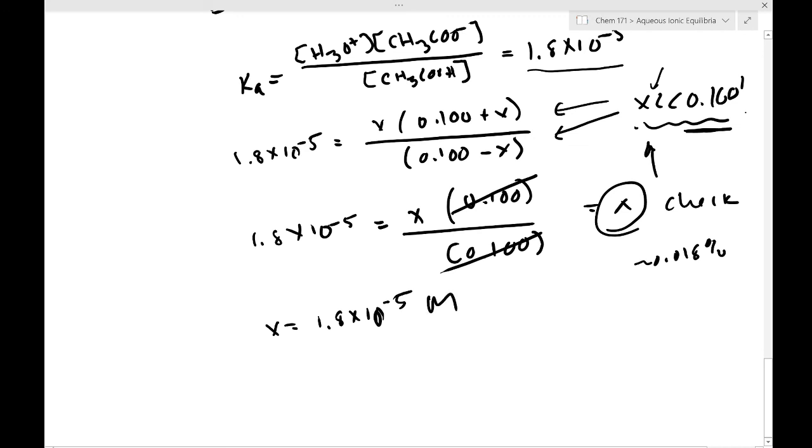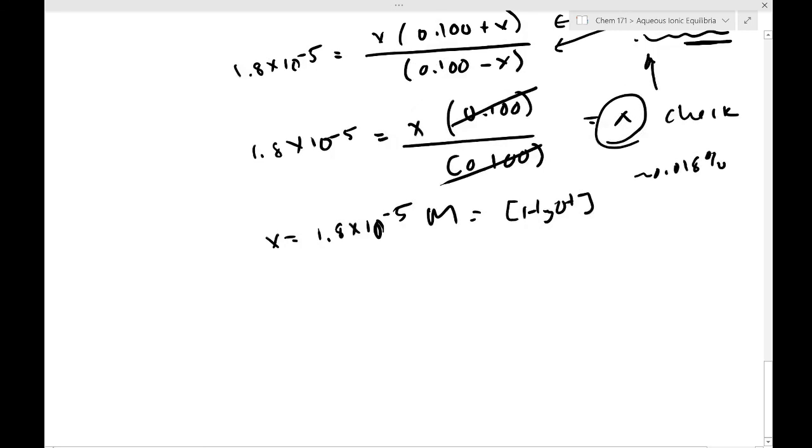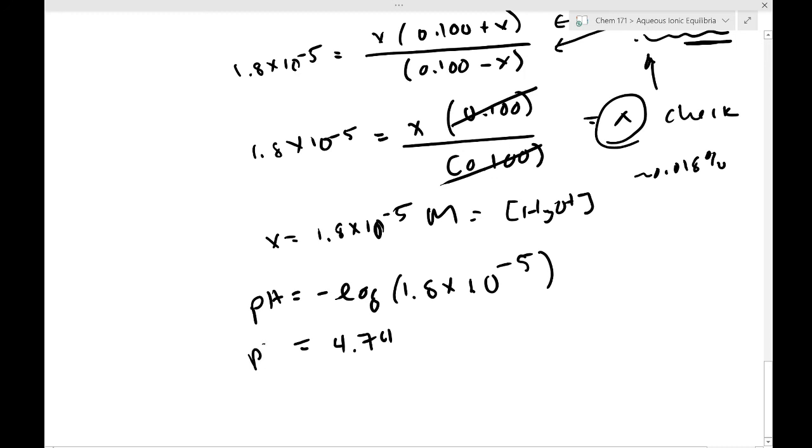And that equals the H3O plus concentration, right? And we can find the pH finally by taking the negative log of that H3O plus concentration. And this ends up equaling 4.74.